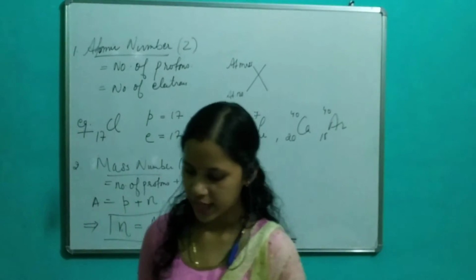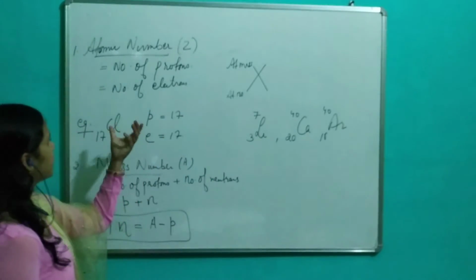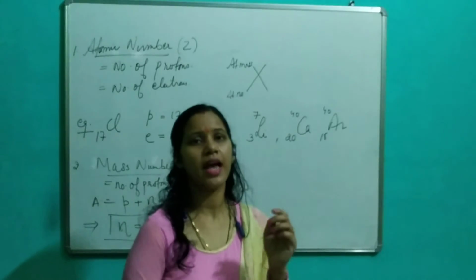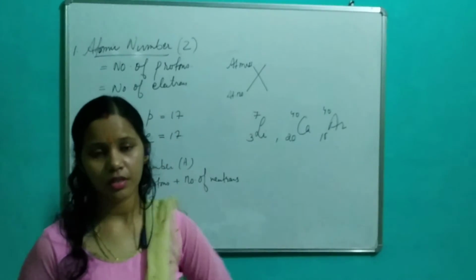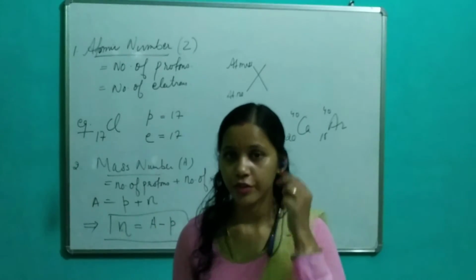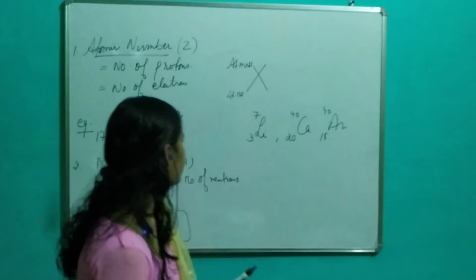Now suppose we have the number of protons and the number of electrons given to us. Can we find the number of neutrons? Can we find the mass number if we have the number of neutrons and protons? Let us see by an example. Let us do a question.